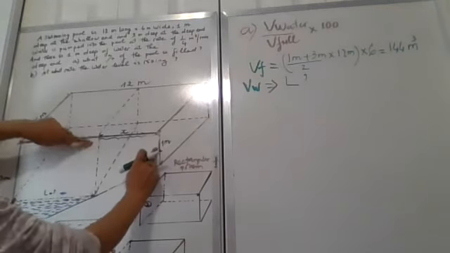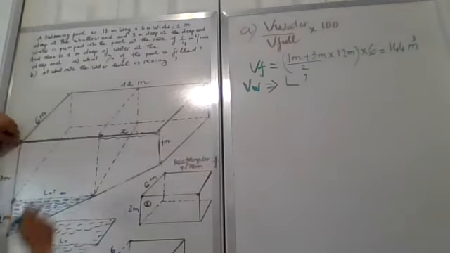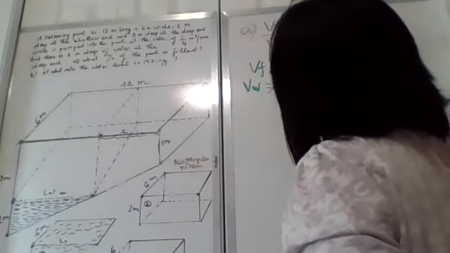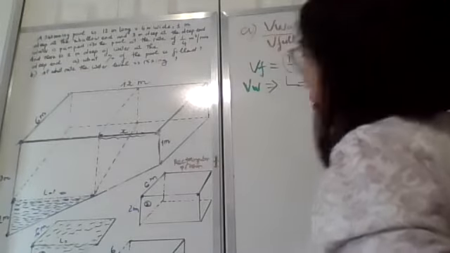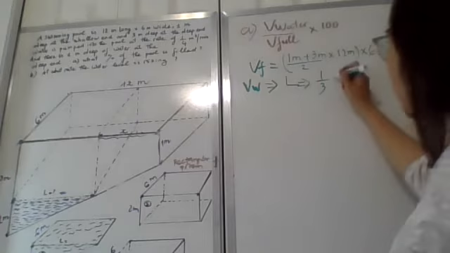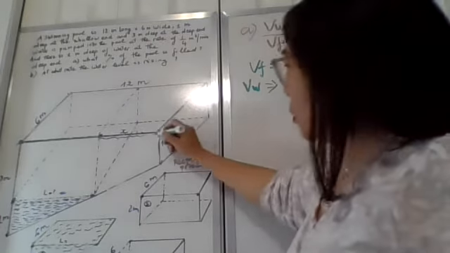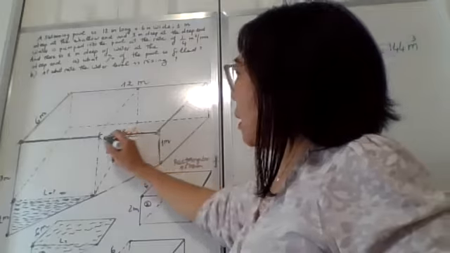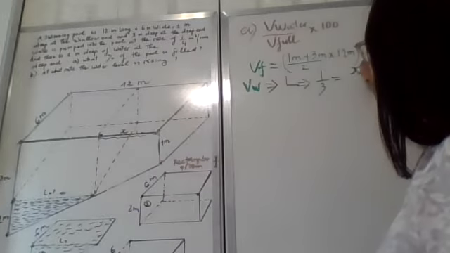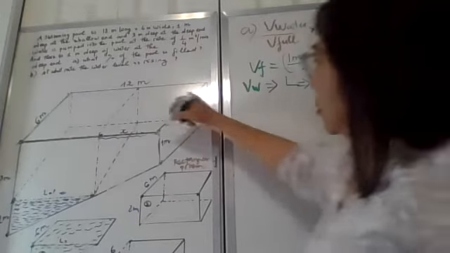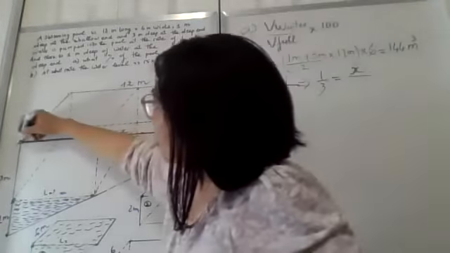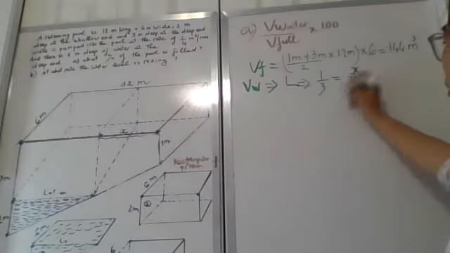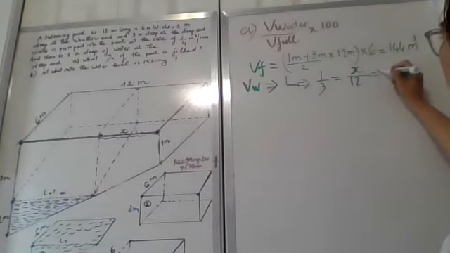So we say 1 over 3 will be equal to, so this length over this length will be equal to x over, from here all the way to here, right? Over 12.